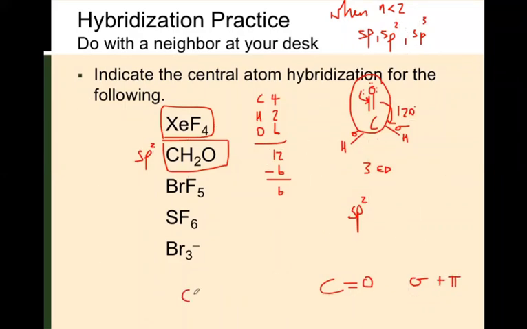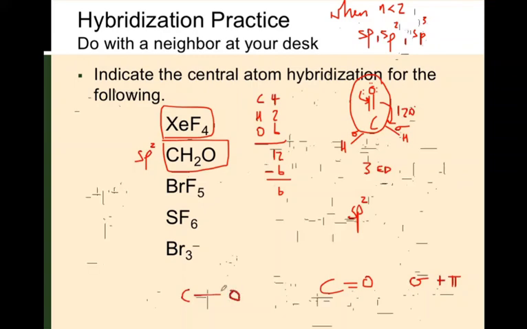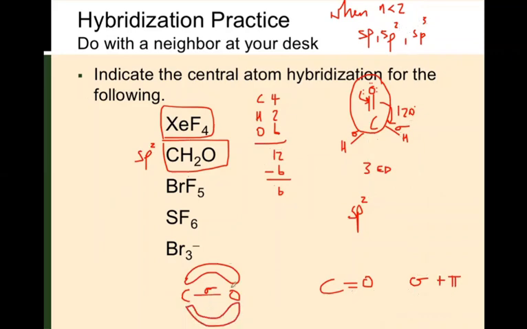A sigma bond is the one that's in between, along the internuclear axis. And then in the other case, it doesn't point along the internuclear axis, but it can still share electrons along the sort of above and below using the p orbitals.